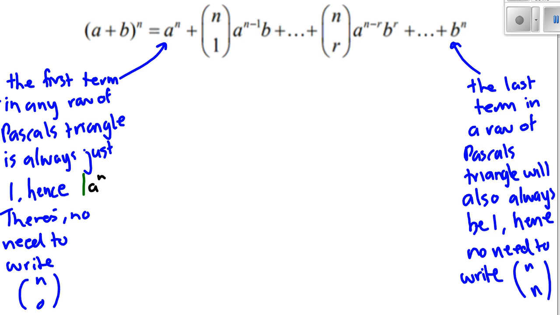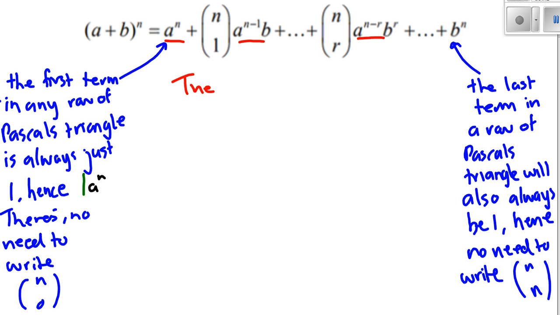Sort of noticing what's happening to the powers of a as you go from left to right? Yeah, decreasing by 1. So it's n minus 1 and n minus r? Yeah, up to n minus r, which is the final one. Because it says dot dot dot. Yes, exactly.